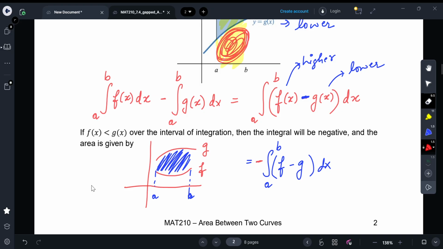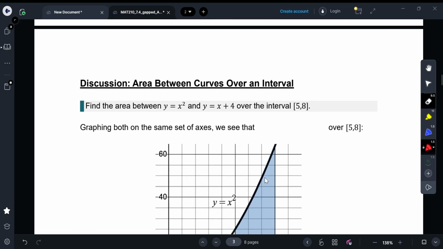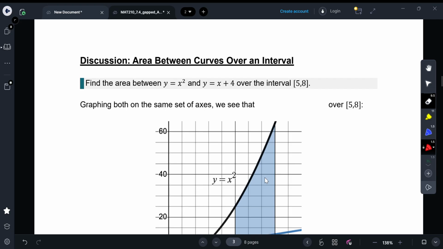So if you apply a negative in front of it, this will give you the correct answer. We'll do more examples in a minute, but that's just explaining how the area between curves is represented by a function and why it matters to be sure which function is higher or lower. And I'll give you techniques on how to check.